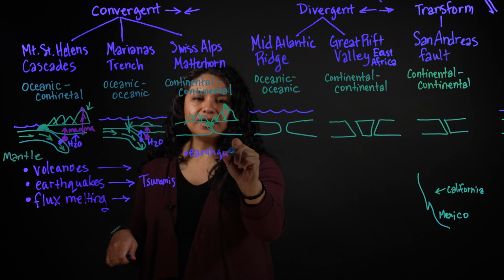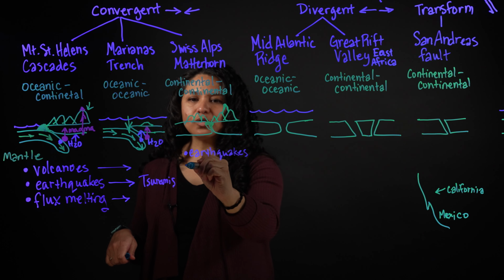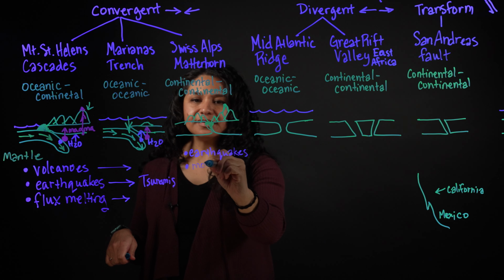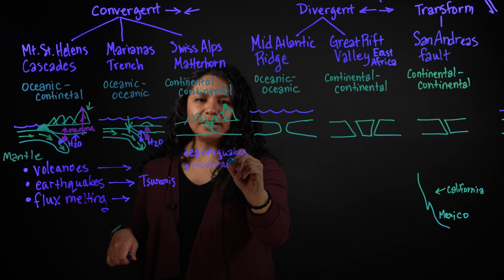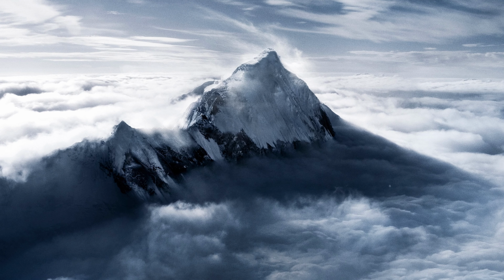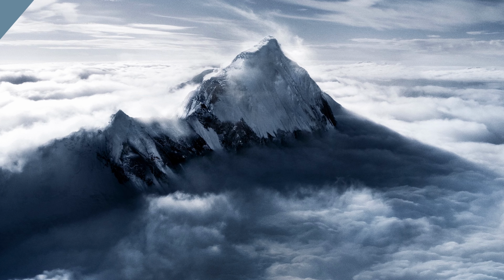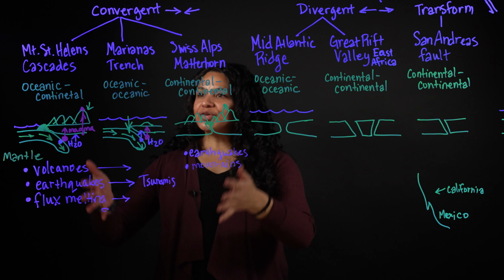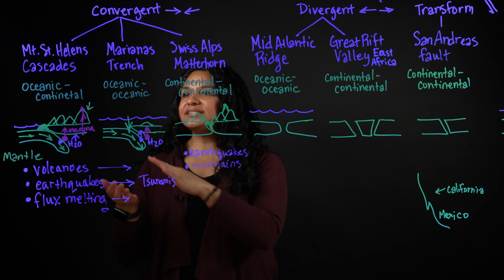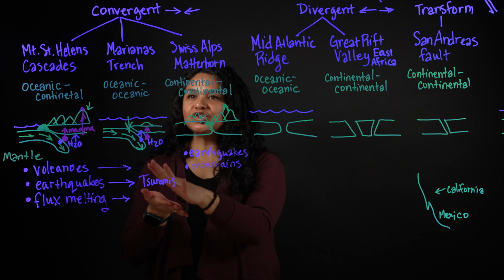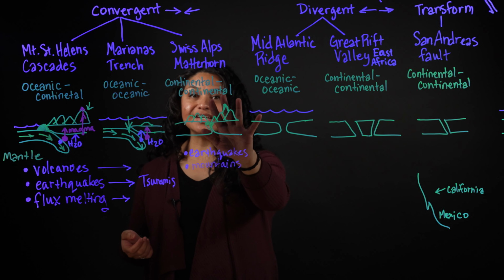We're going to have big mountains forming, and that's pretty much what's going on here. Okay. Mount Everest is also another great example of this in the Himalayas. Okay, so that's convergent boundaries. We have three different kinds: Oceanic-Continental, Oceanic-Oceanic, and Continental-Continental.